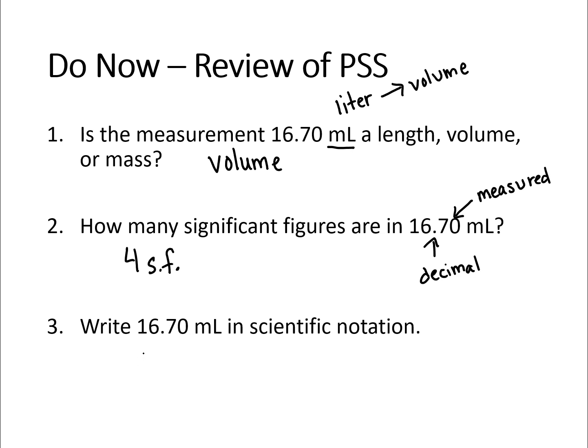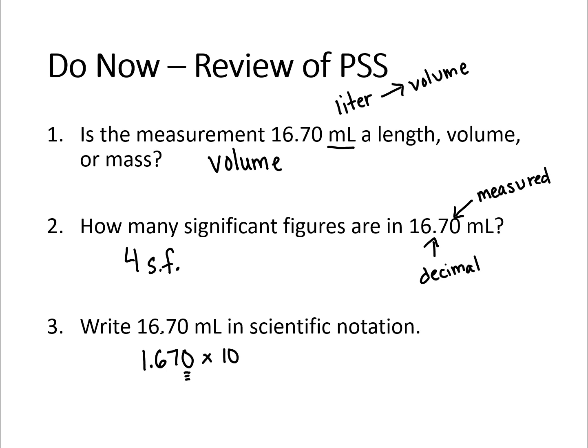Exactly. We need a coefficient that is, well, almost exactly. We said that all of these numbers are significant. So our coefficient is 1.670. Don't forget the 0 here because it is significant.